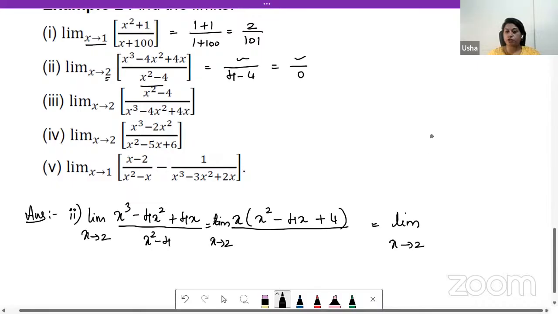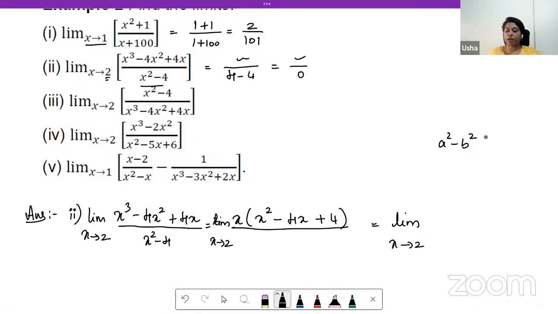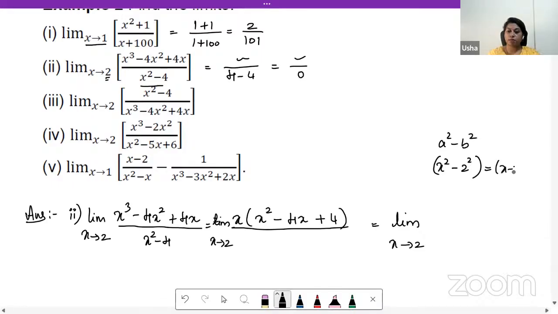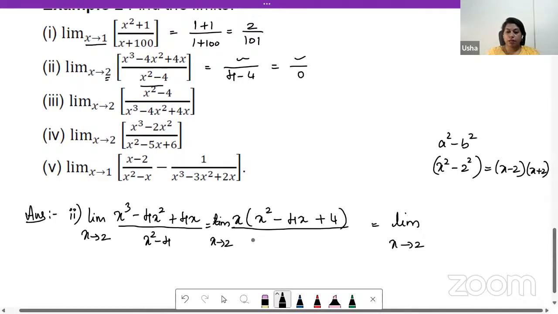Here we have x square minus 4, which is of the form a square minus b square. So x square minus 4 can be written as x square minus 2 square, which gives us x minus 2 into x plus 2.